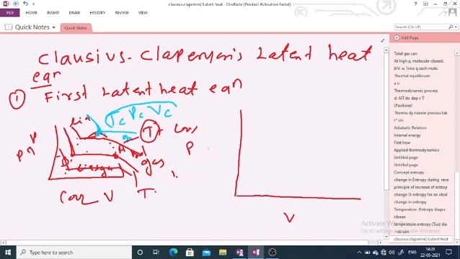Now you have to understand the PV diagram for our purpose, the study of the latent heat equation. According to this, we study this graph for the latent heat equation.